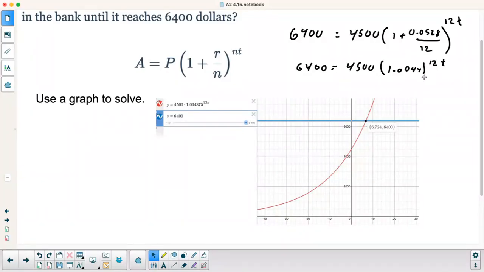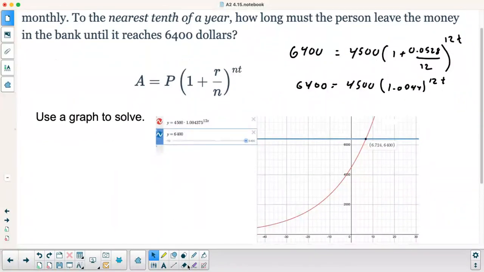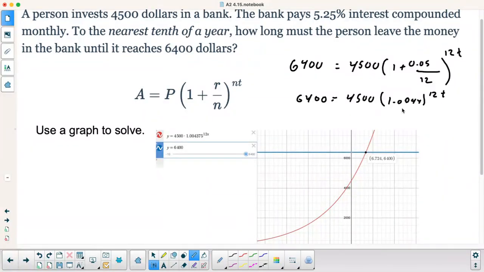So here's my two functions. Okay, I must have rounded that to 0.44. Let me double check that. 0.0528. I don't know why I put the 28 there. That's silly. Actually, where did I get the 28? All right, so anyways, 2.5, I'm sorry, it's 2.5.